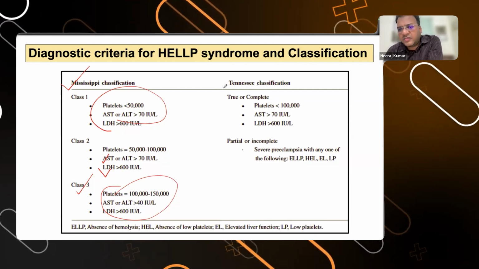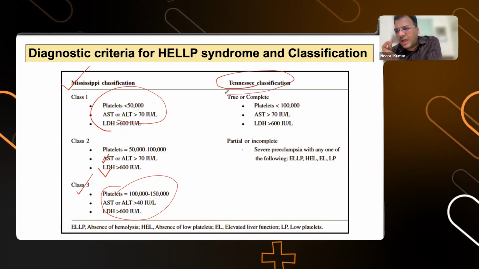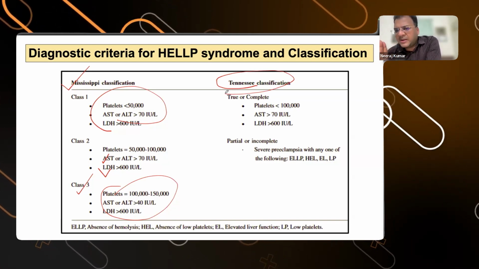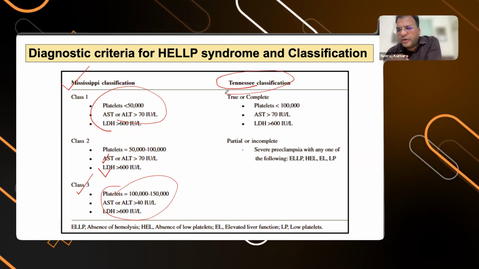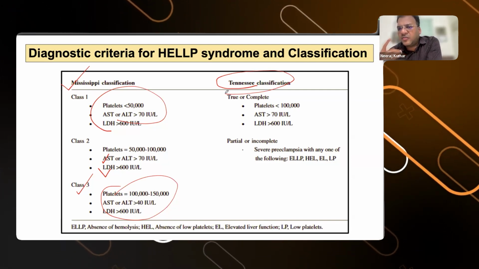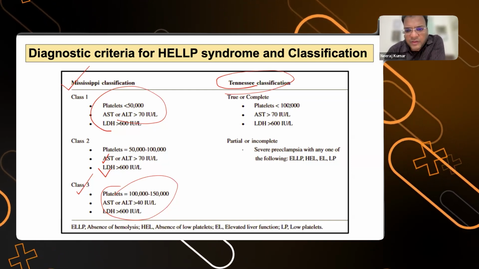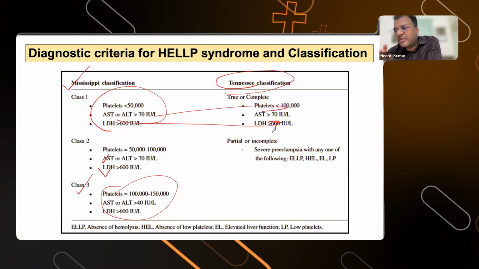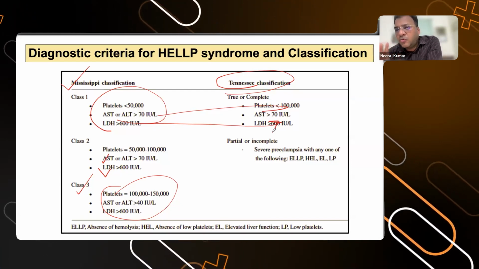The second classification is Tennessee classification. Here you have 2 classes, partial or true (complete) Tennessee classification. So how will you define true or complete? If the platelet count is less than 1 lakh, if AST is more than 70, and if LDH is more than 600, it is Tennessee true type.